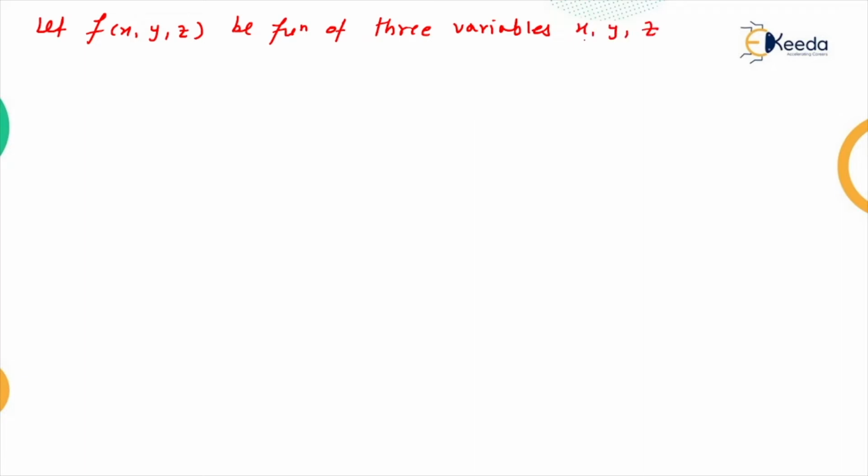We consider these three variables connected by a relation, phi of x, y, z equals 0. For reference, we call this equation number 1.